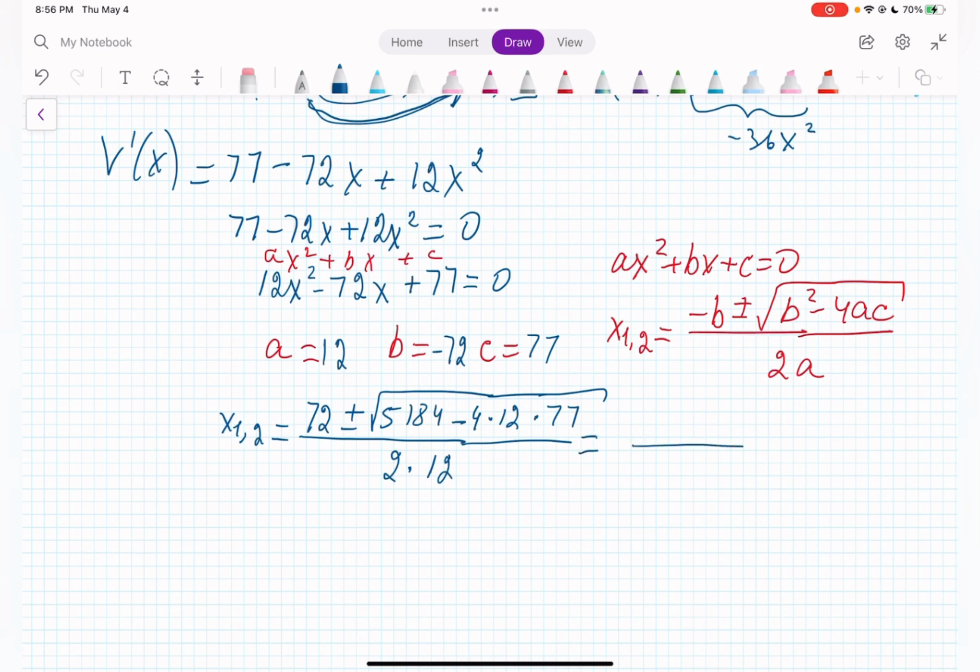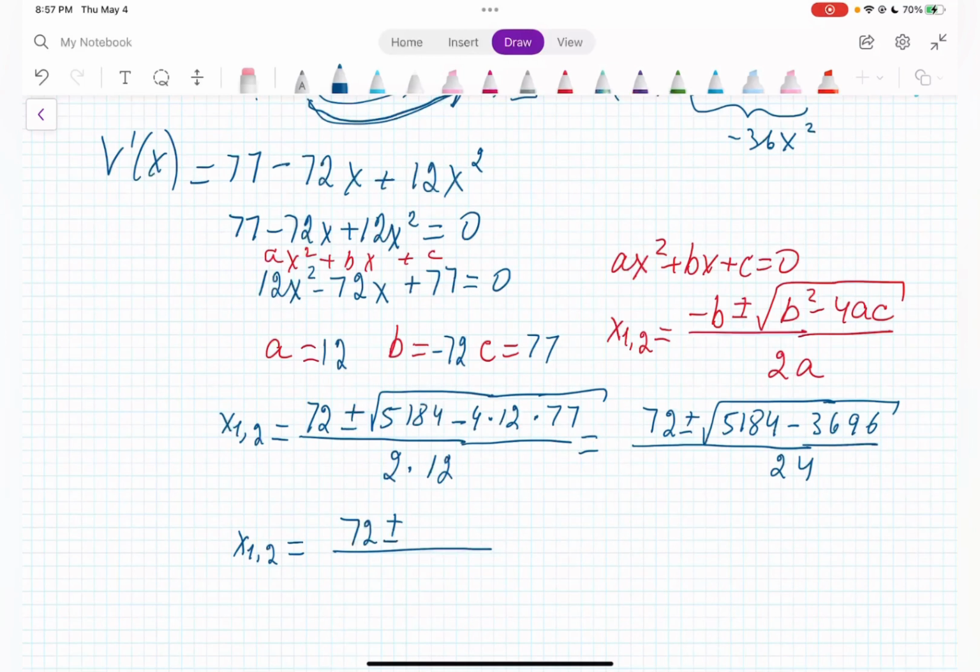This is going to be 72 plus minus the square root of 5,184 minus 3,696, over 24. So let's see how much we get. 5,184 minus 3,696 equals 1,488.